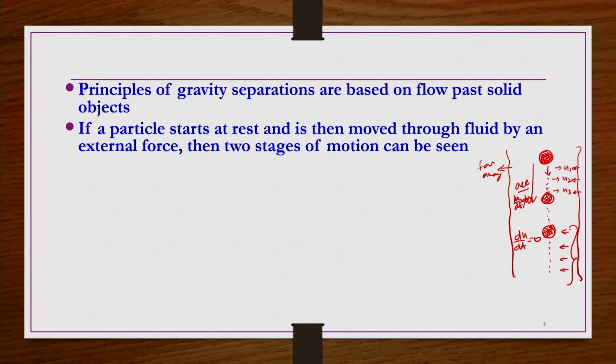Before attaining these free settling conditions, there is acceleration. So when the particle is settling because of an external force, and here we have taken gravity, though it can be any external force, we can have two stages.